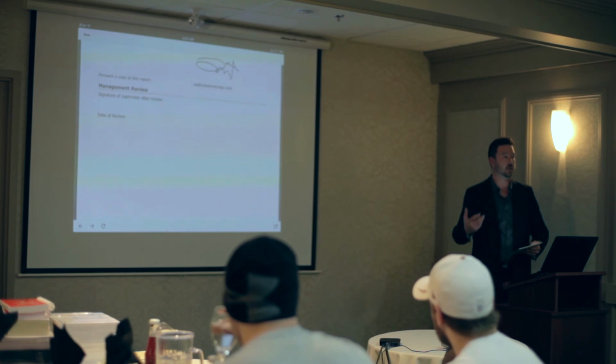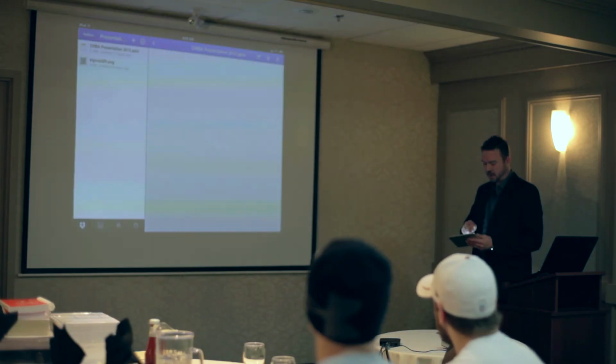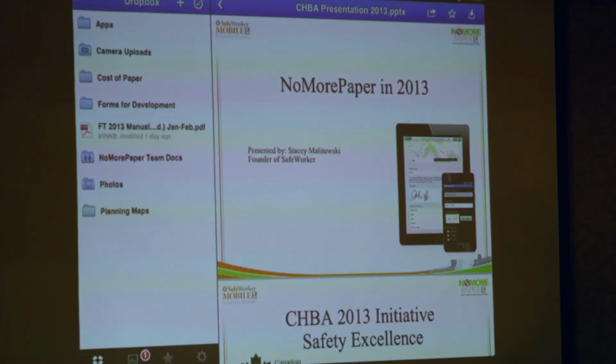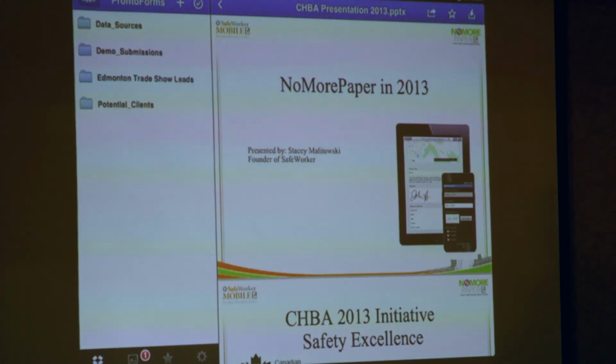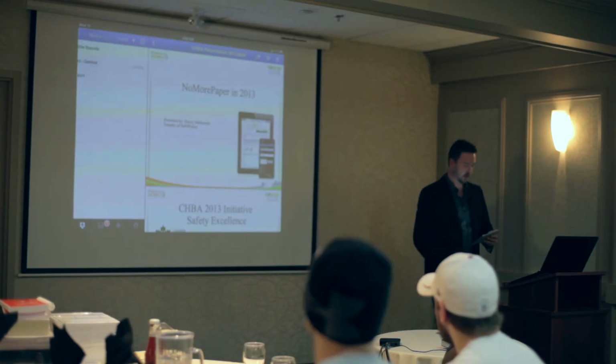Now, one of the issues that we're going to have is management needs to sign off on this report. So what I've told this form to do is also to export to Dropbox. So I use a program called iAnnotate. So I'm going to open up my Dropbox, and I'm going to go into my apps folder, Piranha Forms, submissions, and I'm going to go into my field level hazard assessment.